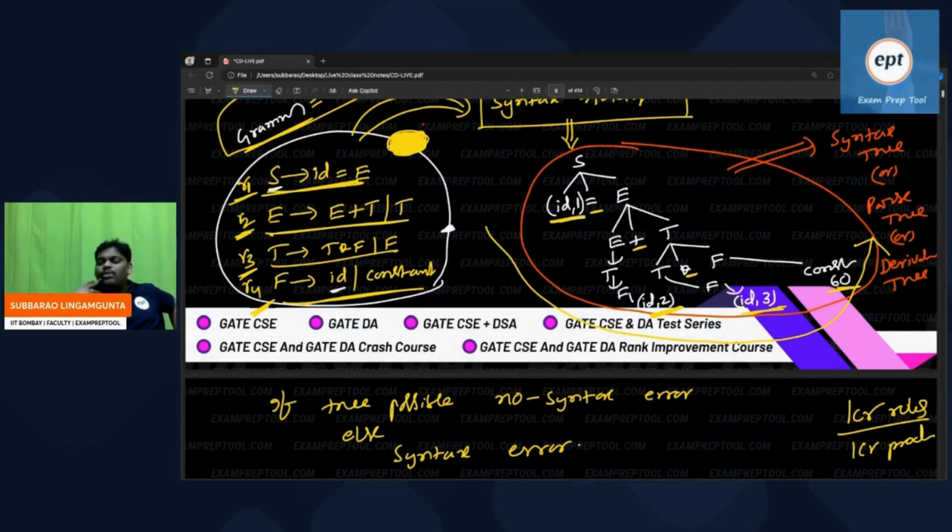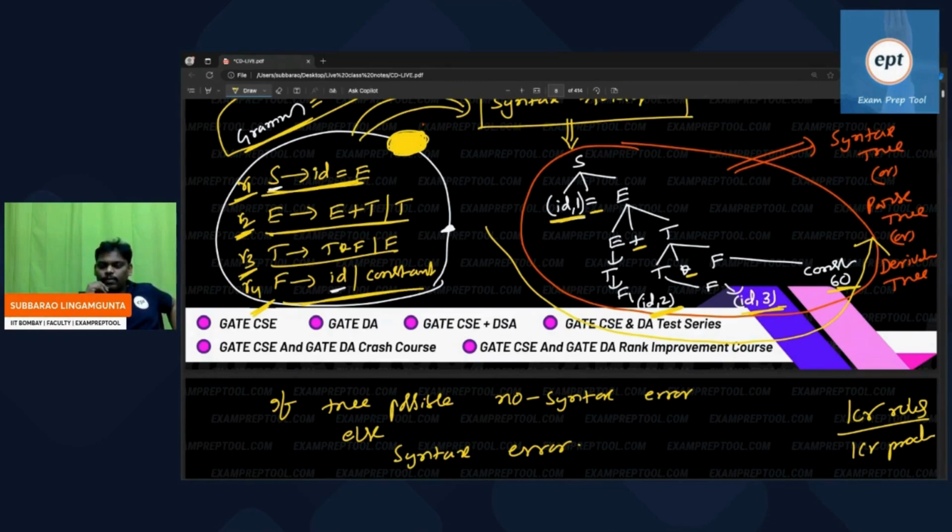Grammar wrong means the compiler is wrong. How can you say the compiler is wrong? Grammar means compiler, so you cannot say the compiler is wrong. Only the user program is wrong. Using the available rules for your program, I try to draw the tree. Tree not possible, so the program is wrong. You cannot say the grammar is wrong. Grammar is rules.